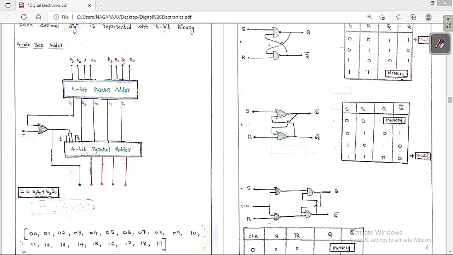I already told you, suppose you have two 4-bit numbers. The minimum number is 0 here and the minimum is 0 here also.